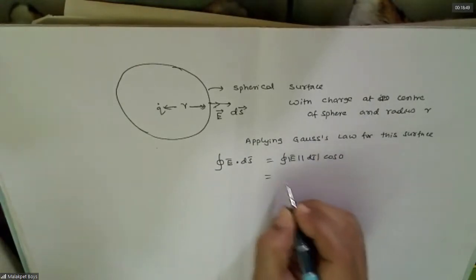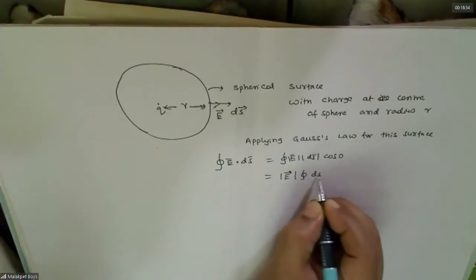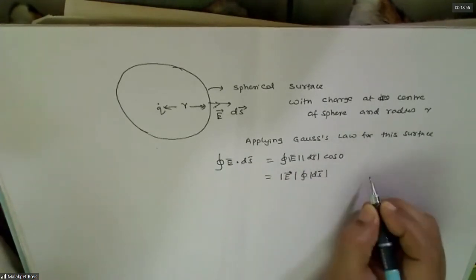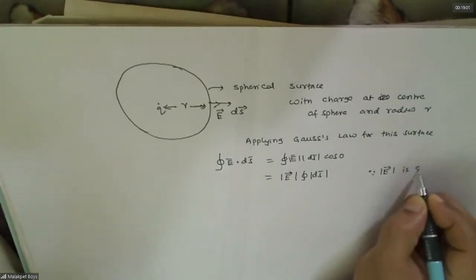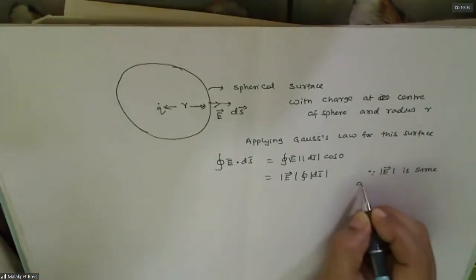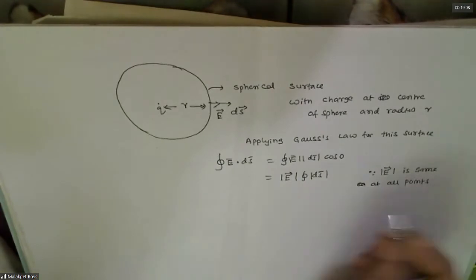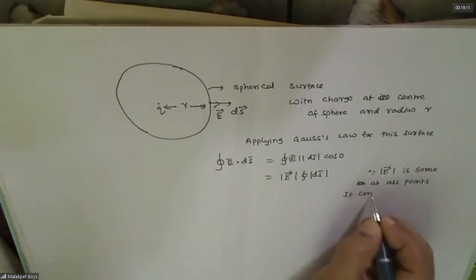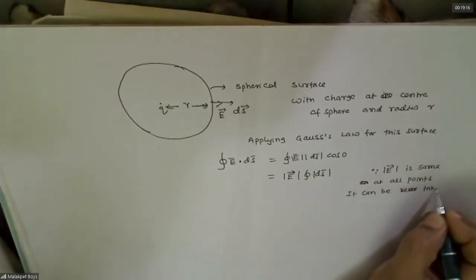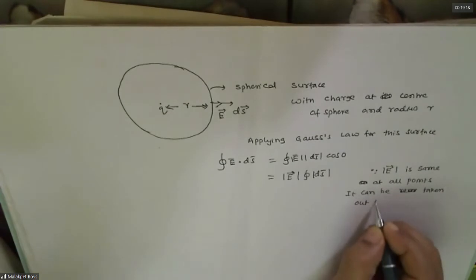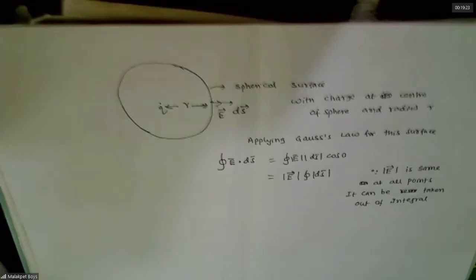Now as E is constant, I can remove it from the integral. E is constant. Till here you followed?